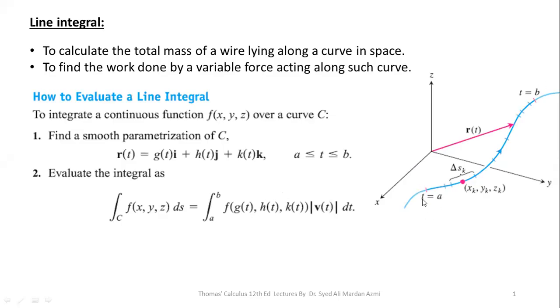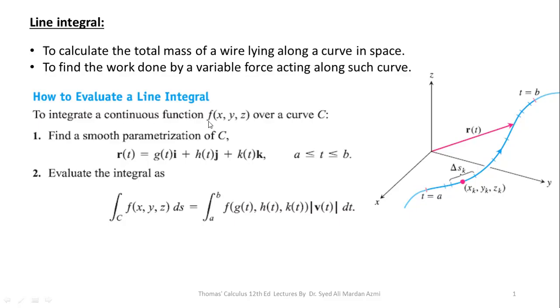Here is a curve which starts from point A and ends at point B, and r of t is a smooth parameterization of this curve in three-dimensional space. To calculate the line integral, we apply this formula.